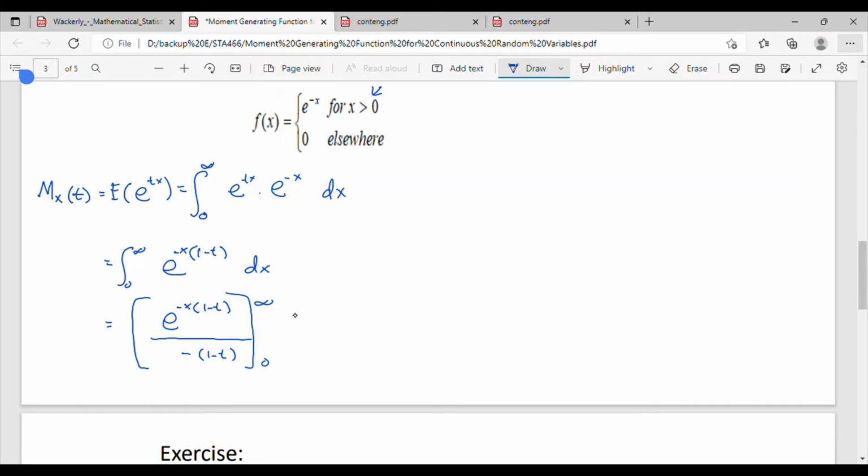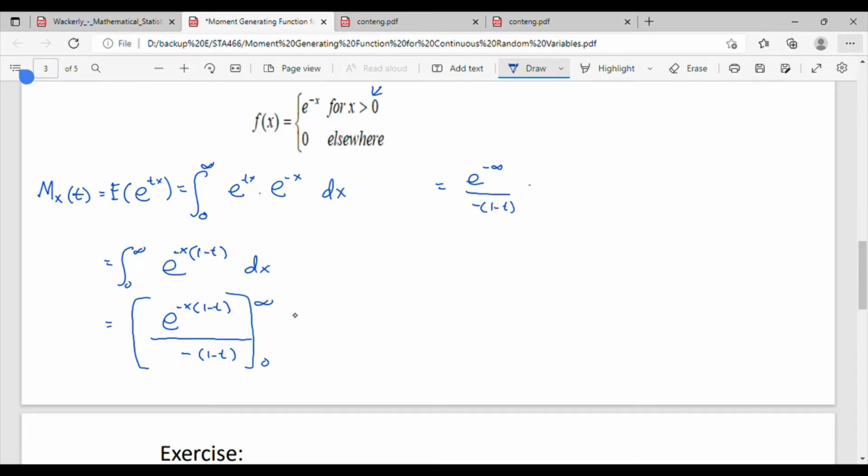Right, so saya sambung di sini, and then replacekan x with infinity, so you will get e power of negative infinity here. Kan, infinity multiply dengan apa constant pun akan dapat infinity, so saya letak kat sini e power of negative infinity divide dengan negative 1 minus t.